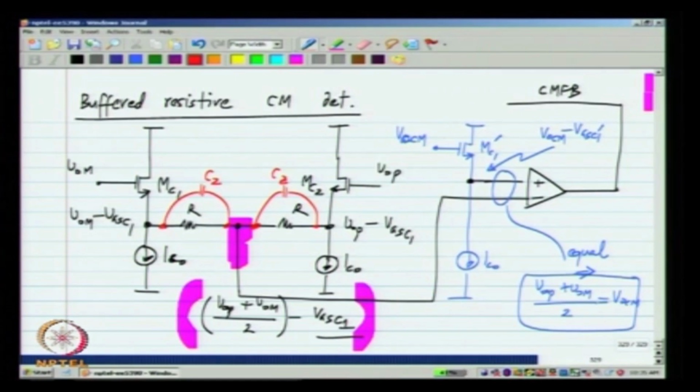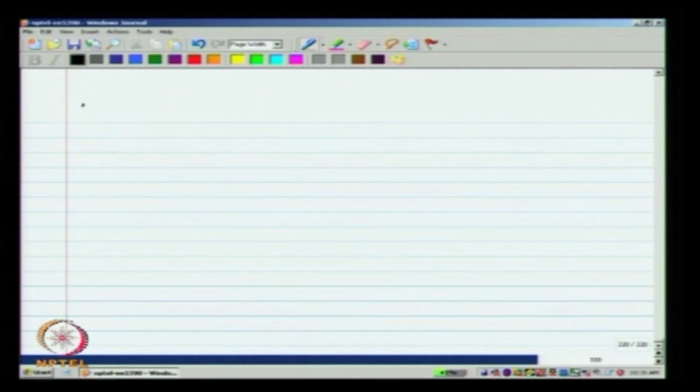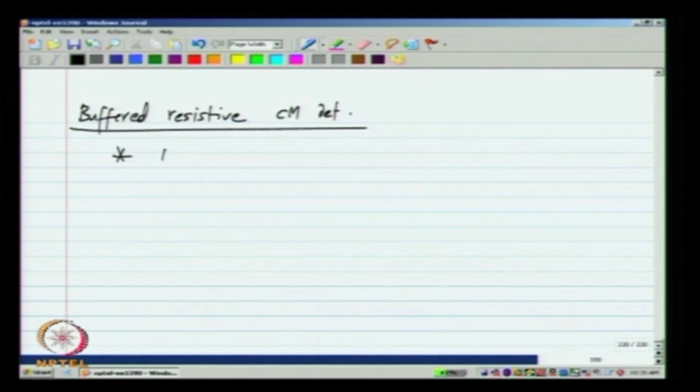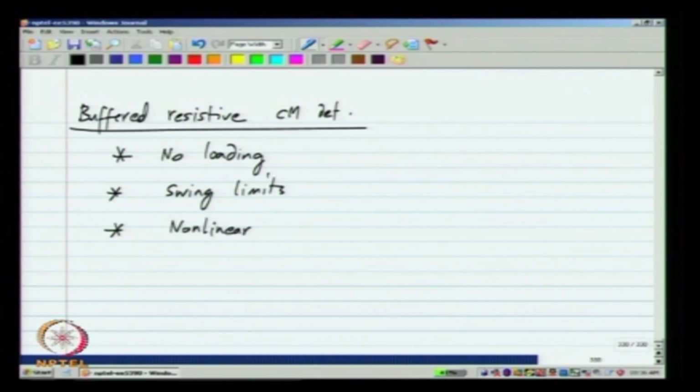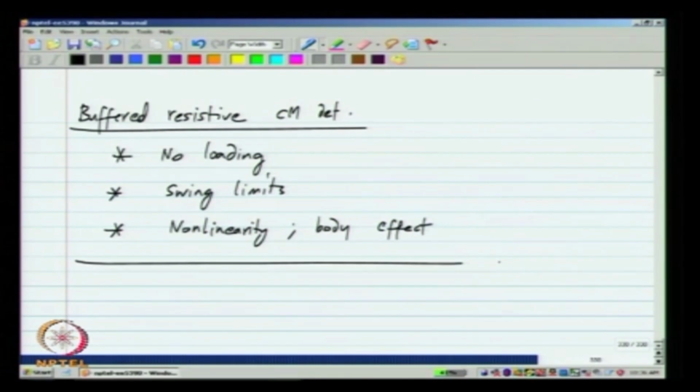Okay. This is a summary of the buffered resistive common mode detector.